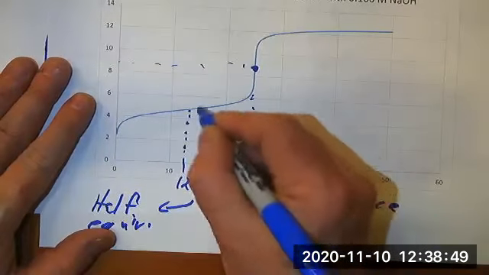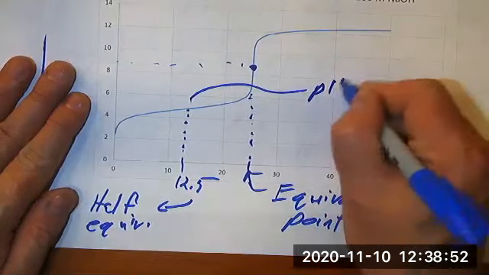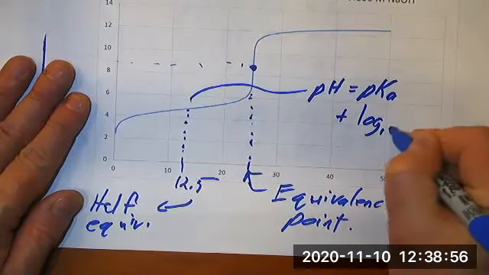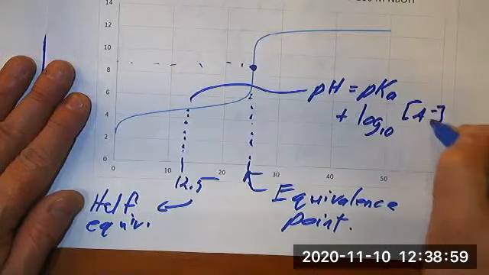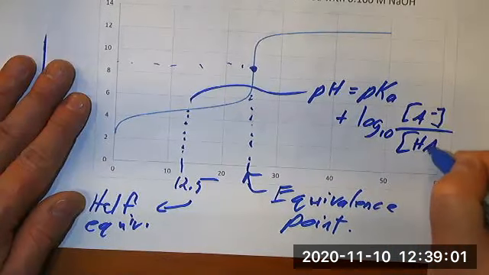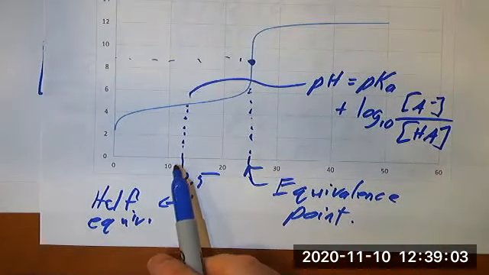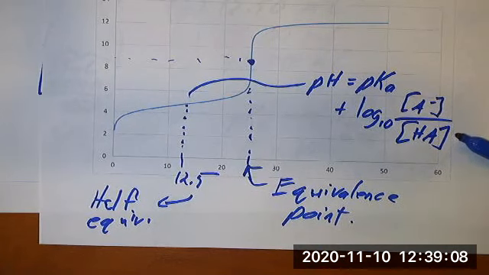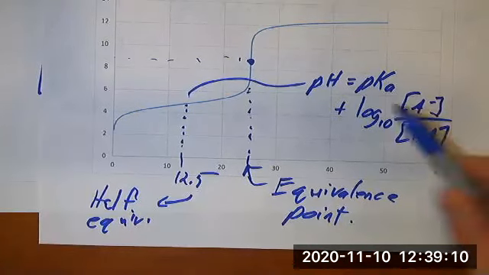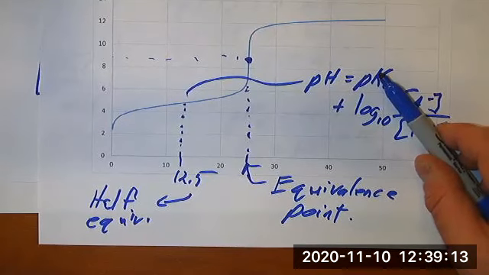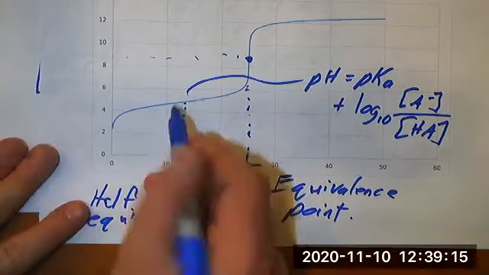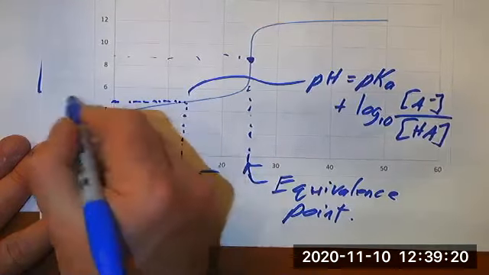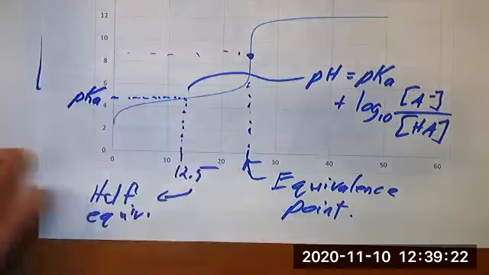Remember the Henderson-Hasselbalch equation, where pH equals pKa plus log base 10 of A minus over HA. Well, at the half equivalence point, A minus over HA is 1, the log of 1 is 0, and so the pH equals the pKa. So from this plot, we can very precisely determine the pKa of the weak acid.